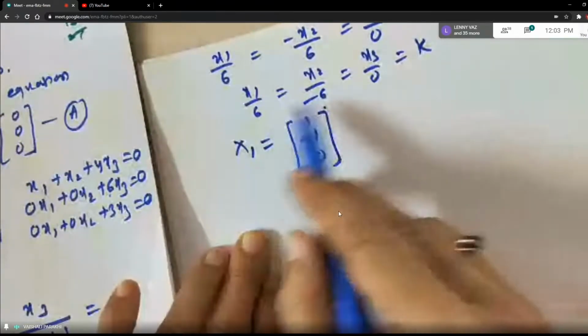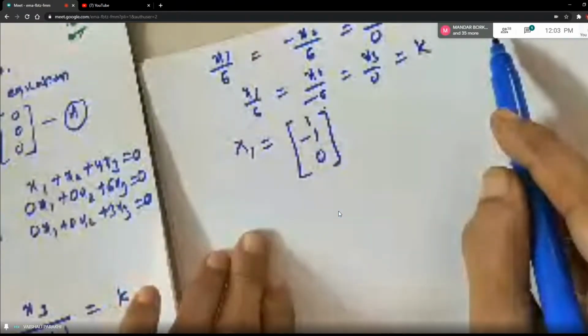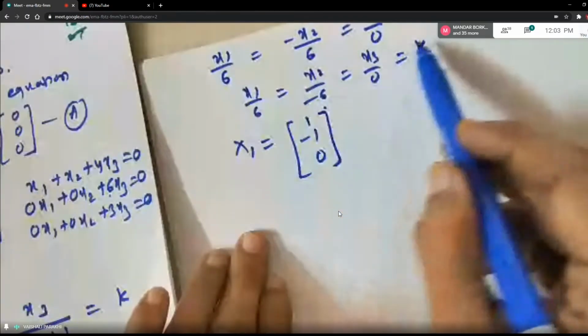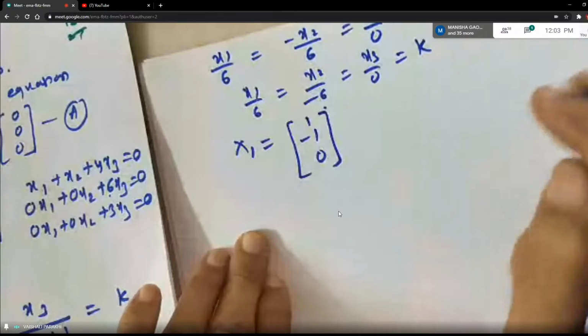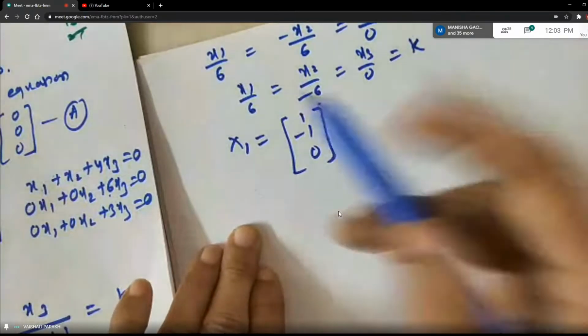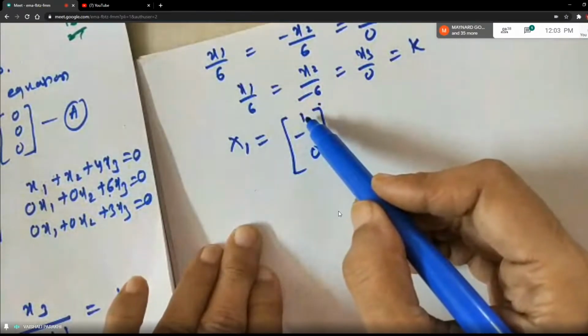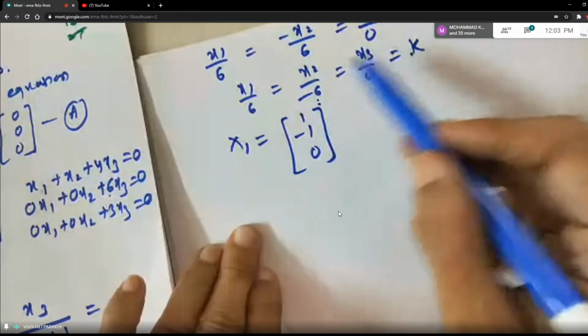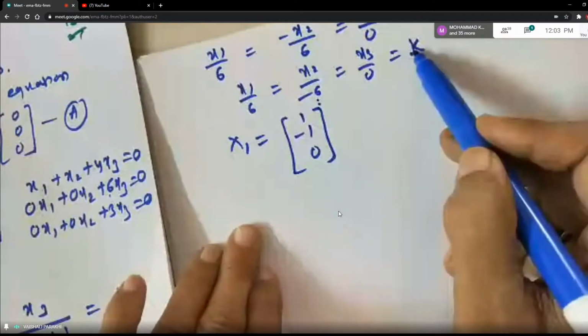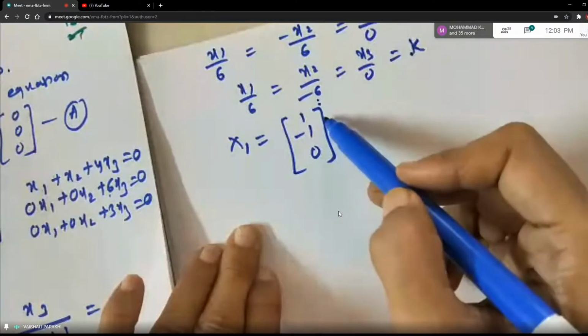Means if some number is common, you have to cancel that common number. In other words, x1 by 6 is equal to k means what? x1 by 1 is equal to 6k, right? Understand this method. So the value of x1, that is the first value, is 1. x2 by minus 6 is equal to k means what? x2 is equal to minus 6k. So what is the denominator? It is 1.